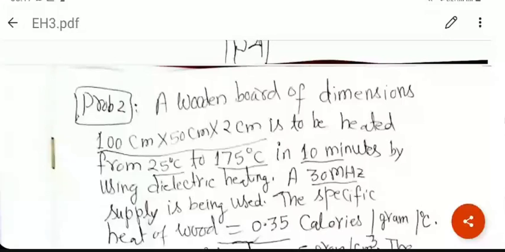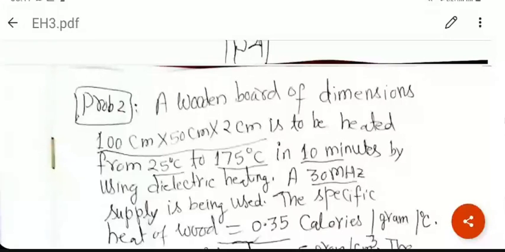So a wooden board of dimensions 100 centimeter multiplied by 50 centimeter multiplied by 2 centimeter is to be heated from 25 degrees Celsius, which is around room temperature, to 175 degrees Celsius in 10 minutes by using dielectric heating. A 30 gigahertz supply is being used.